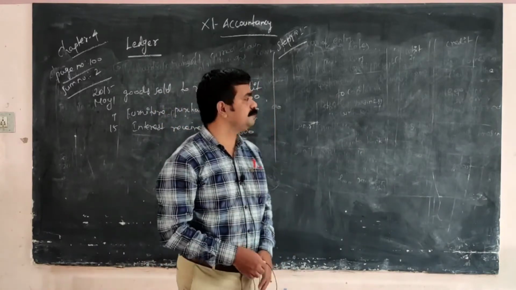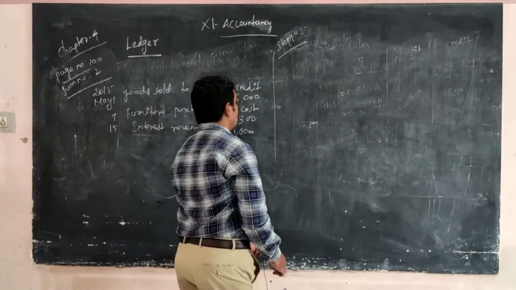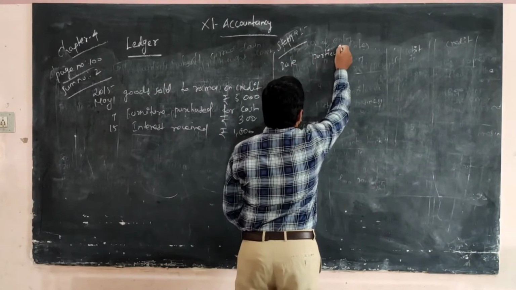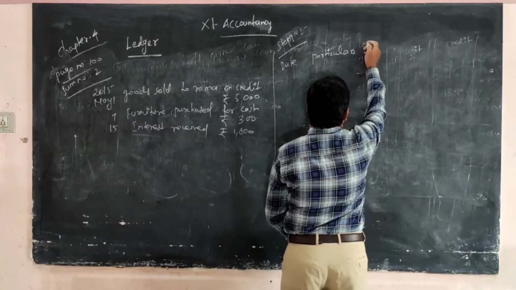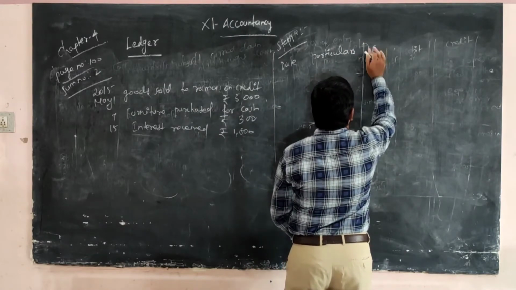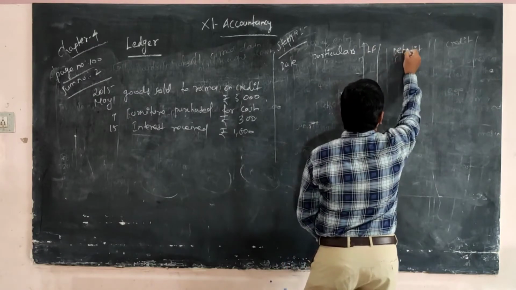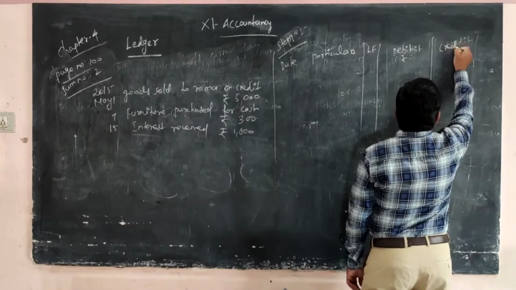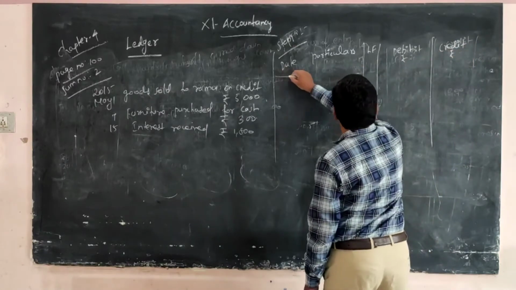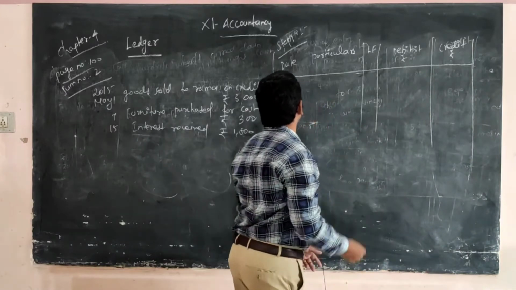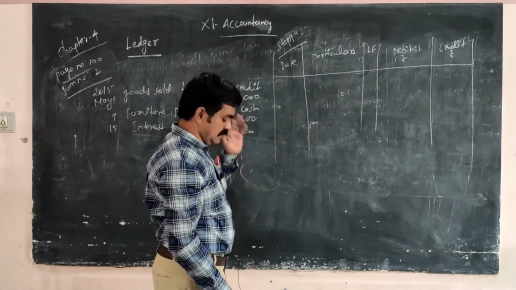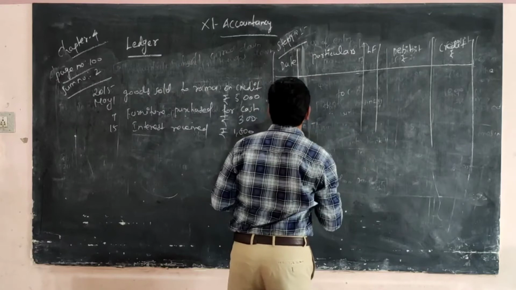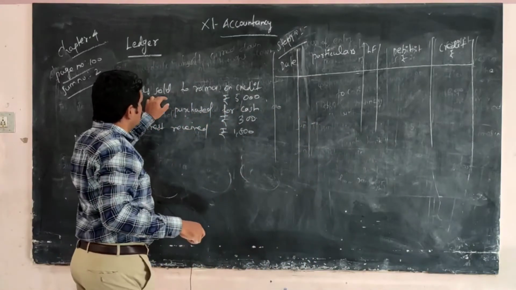So for the first transaction, we write date, particulars, L.F., debit rupees, credit rupees.